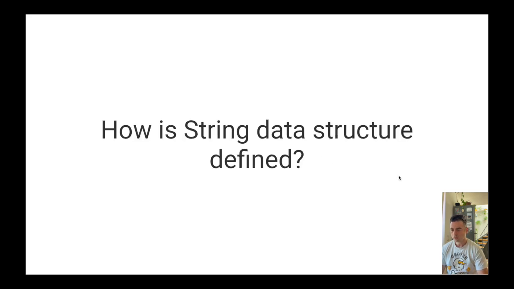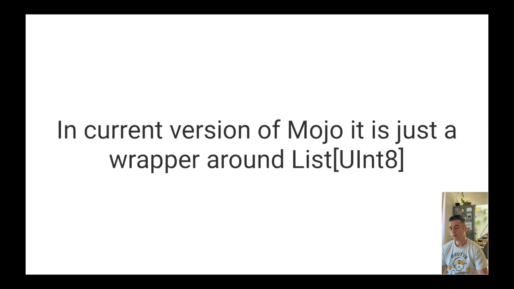All right, how is the string data structure defined in Mojo? Well, in the current standard library version of Mojo, it is just a wrapper around a list of UInt8. So a string is actually for computers just a list of bytes, a sequence of bytes, right? So we just have this thing which is just a list of bytes.